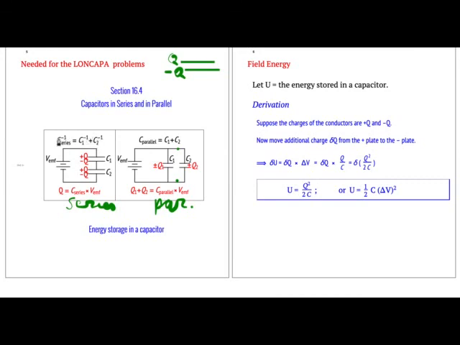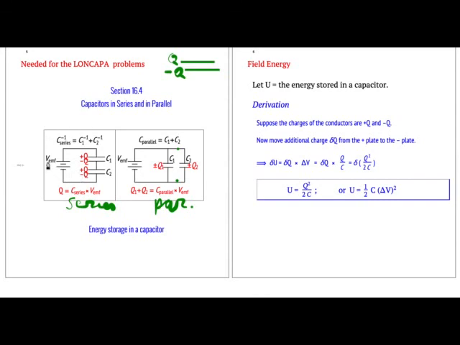In other words, to get the combined capacitance for capacitors in series, we add the reciprocals of the capacitances. We don't add the two capacitances, making a big capacitor. We add the reciprocals, which actually in the end gives us a smaller capacitance.